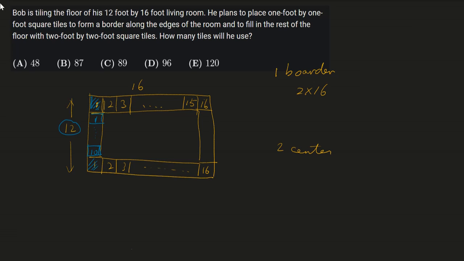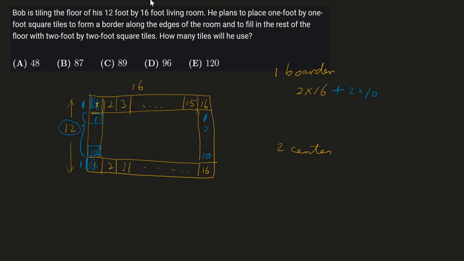They share the same left-hand side. So that's 1, and that's 1. So the middle part will be 10. And the same thing on the right-hand side. That'll be from 1, 2, all the way to 10. Therefore, the total number of smaller tiles that he'll use would be 2 times 16 plus 2 times 10.